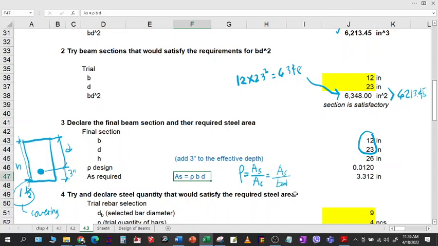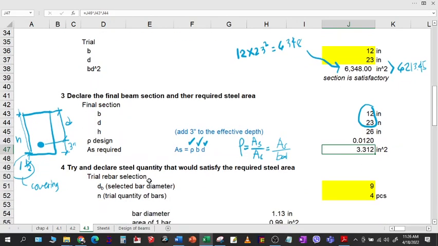Manipulating that, we have As equal to rho bd. We are given the steel ratio design, and we have already finalized b and d. So we can have this one, in square inches, 3.312.